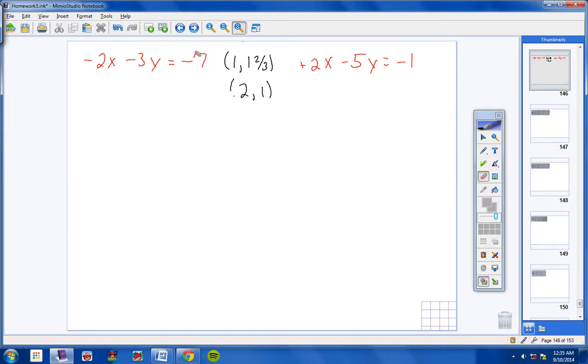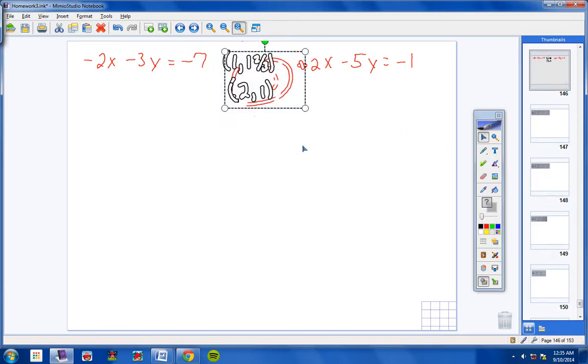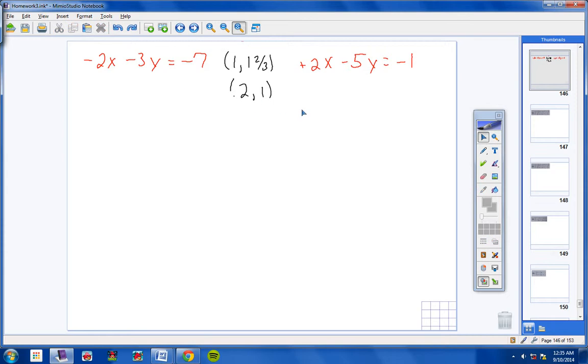All right, so we have two ordered pairs that go to this equation over here. Now let's do the same thing to this equation. Where the x is, I will substitute 1. Remember, you can use whatever numbers you want.